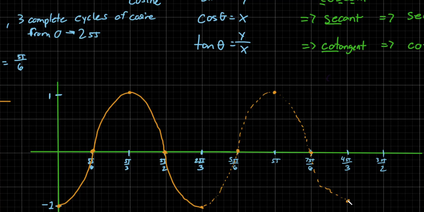Then just indicate the cycle by doing dotted lines after the first one. Is that a negative? No, negative is perfect. You can 100% go in the negative direction. I got space. So I can also go this way as well.